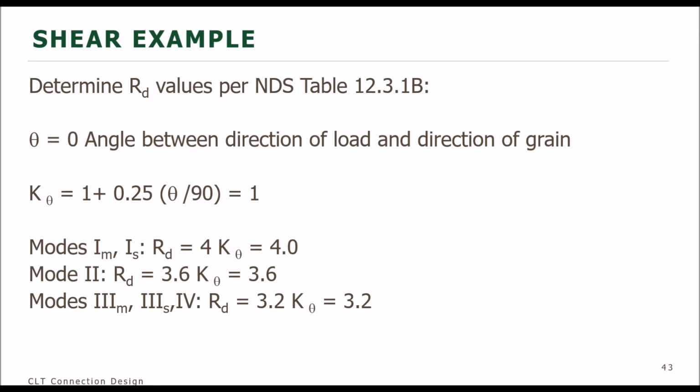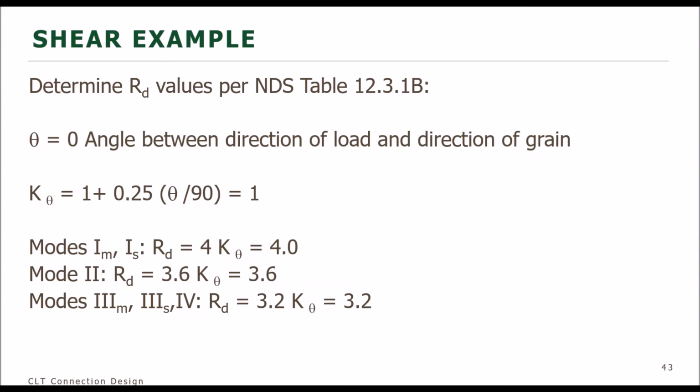What these do is they convert the p-value that we're going to calculate in TR12 to the NDS equivalent Z value. So you need to know the theta value, which is the angle between the direction of the load and the direction of the grain. In our case, they're coincident, so that angle is 0. And then we can calculate k sub theta based on that angle.